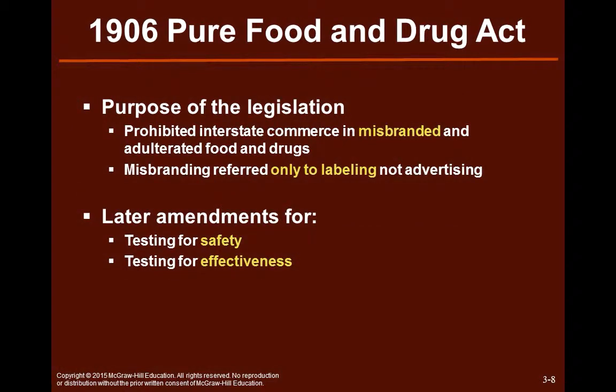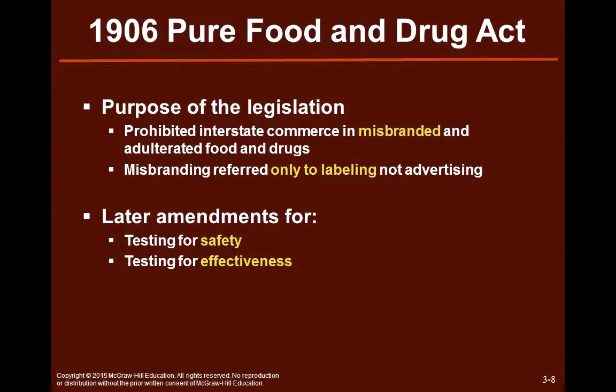So a little bit more about the Pure Food and Drug Act. The purpose here is, again, because the federal government has limited powers, its first effort is to prohibit interstate commerce. Interstate commerce is one of the powers that's reserved to the federal government, regulation of interstate commerce in the Constitution. So if you were going to create one of those backyard elixirs or tonics, and it was either adulterated, it had contaminants in it, or you were saying that it did things that it didn't do, then you couldn't take that across state lines to sell it.